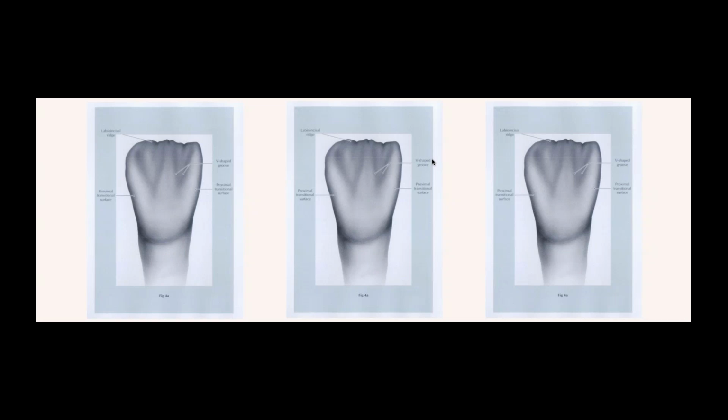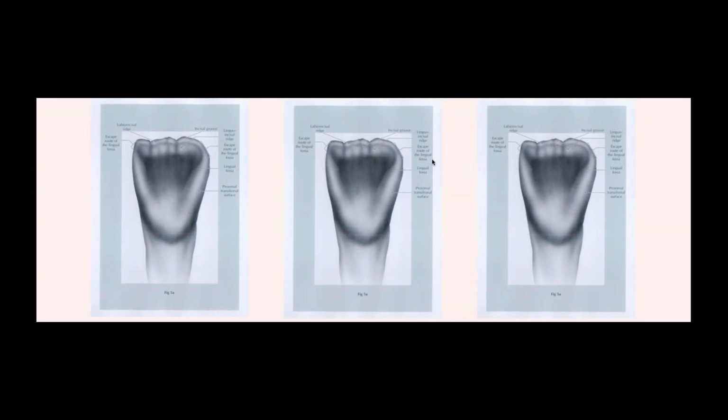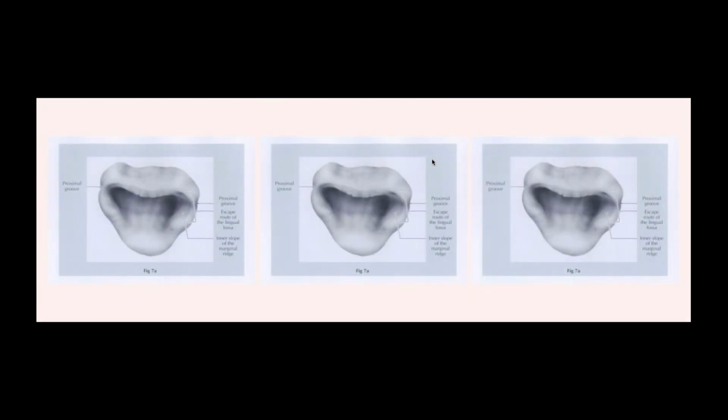You can see the labial, the vestibular surface of the tooth, with a lot of grooves and ridges, and also the palatal side, the proximal side, and from the incisal part you can see how the tooth is twisted.